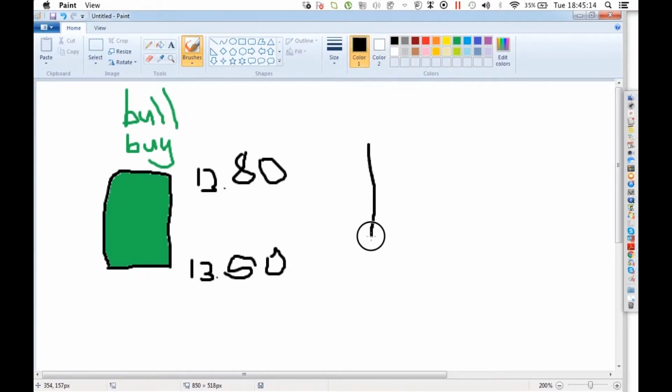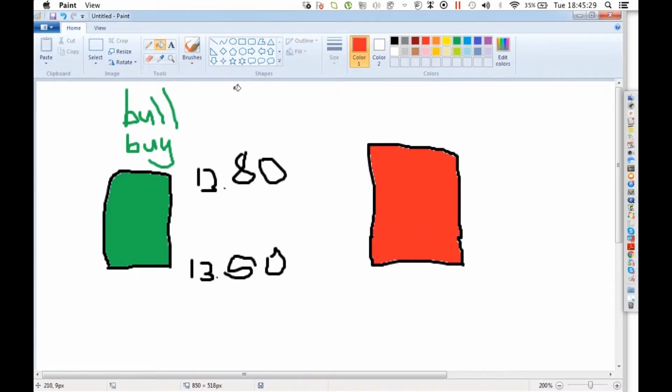Or the other example where price opened at 13.80 but then closed at 13.50, meaning that price went down, then the candle will look red. Typically we use red, you can set it to any color.